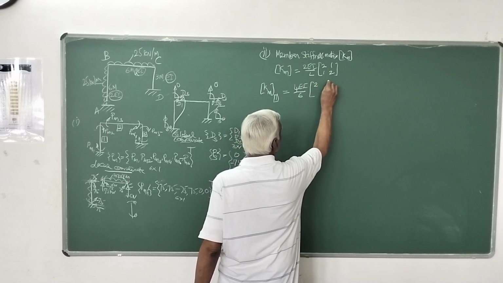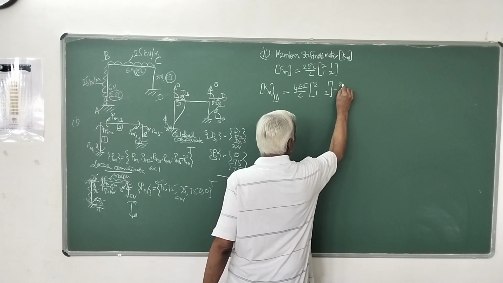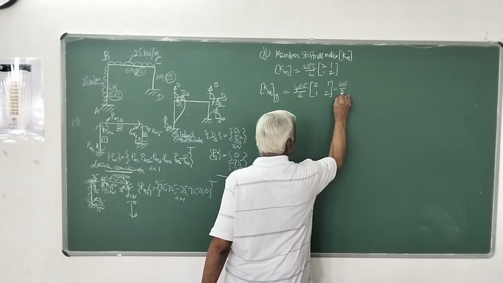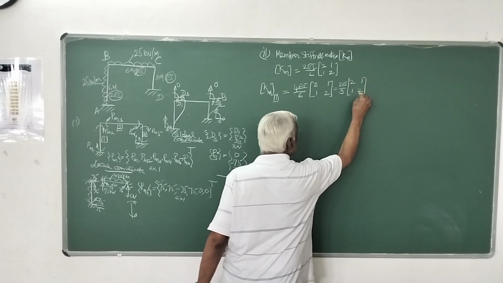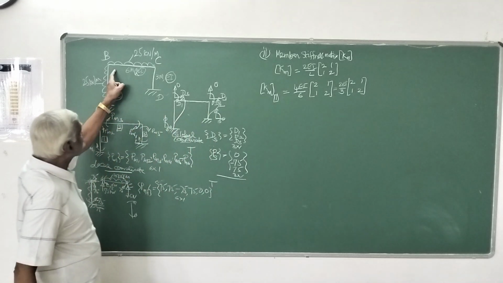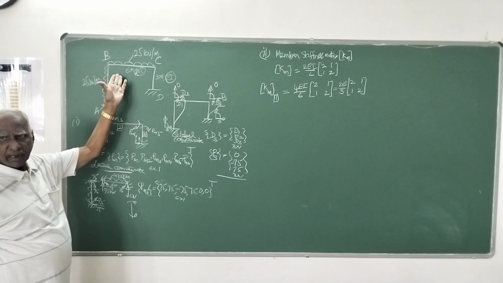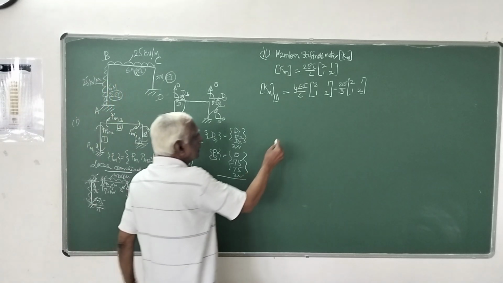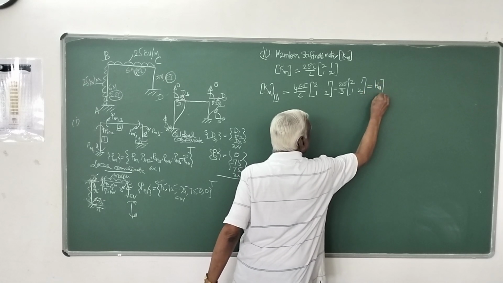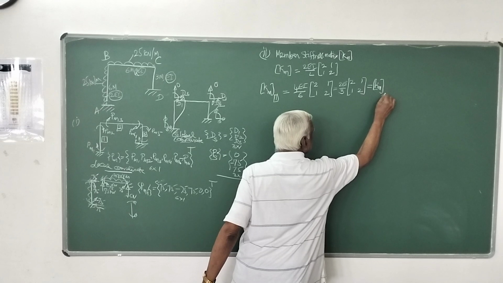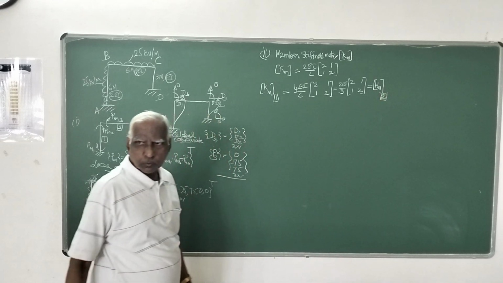So it is 2EI by 3 times [2, 1; 1, 2]. Next, KM2 also has the same EI and span, so KM1 is equal to KM2.